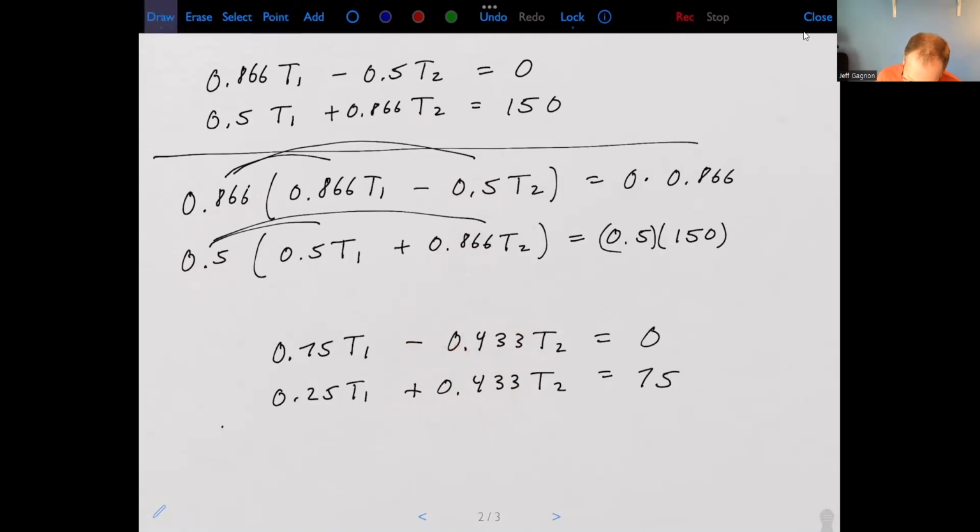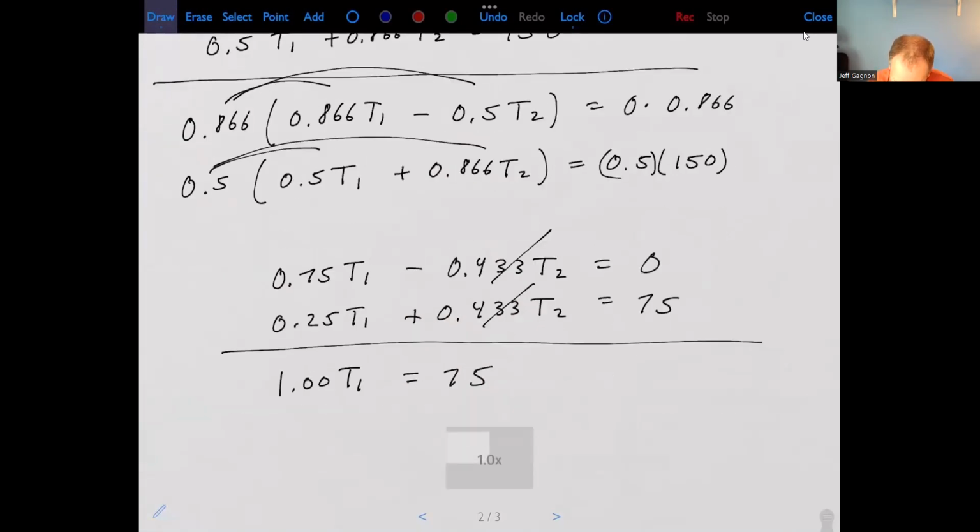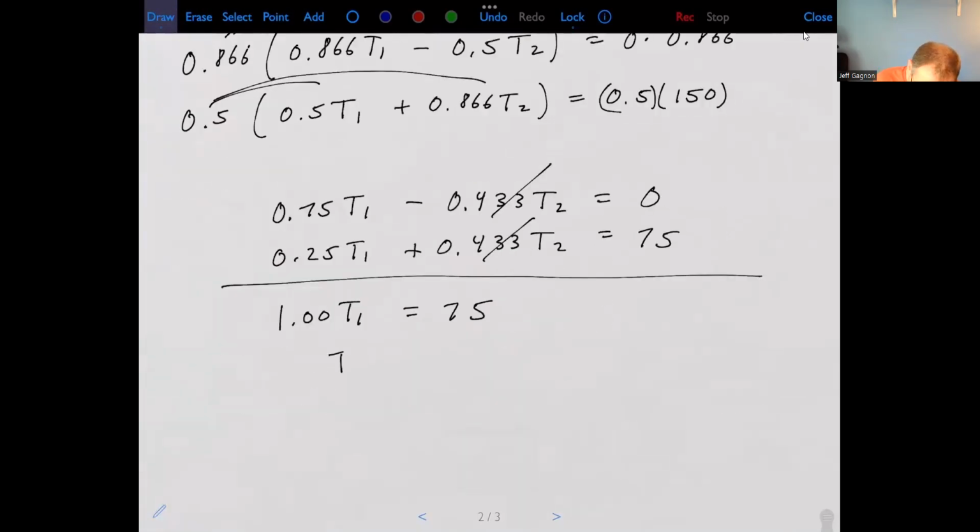Now I can add these two equations together, and the T2s are going to disappear. 0.75 T1 plus 0.25 T1 is just 1.00 T1, and that's equal to 75. In this case there's no other work. Normally you have to divide by the coefficient, but it's already 1 times T1. So T1 is 75 newtons.